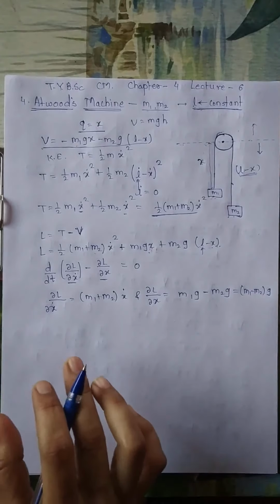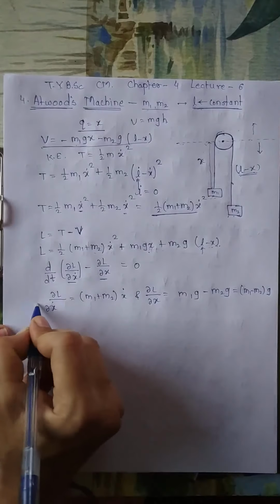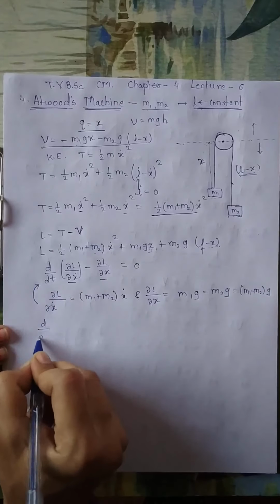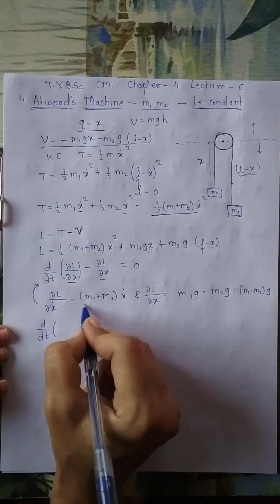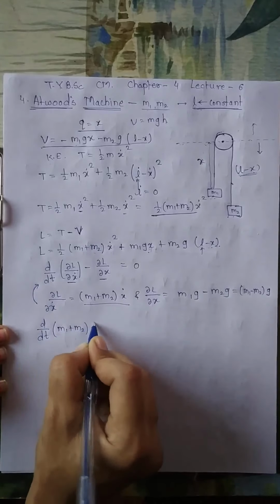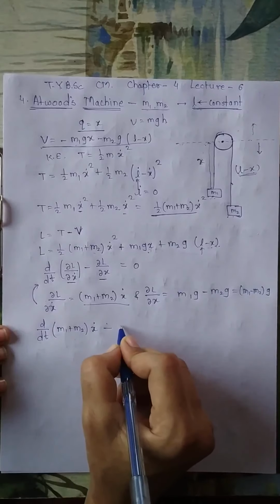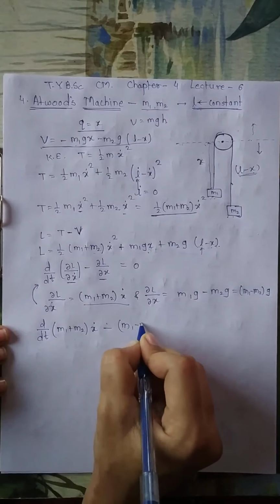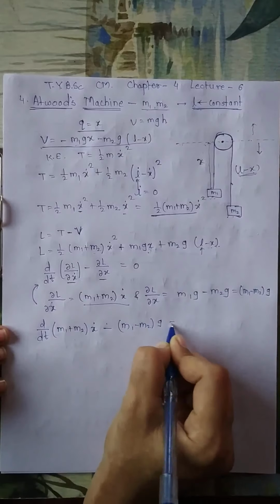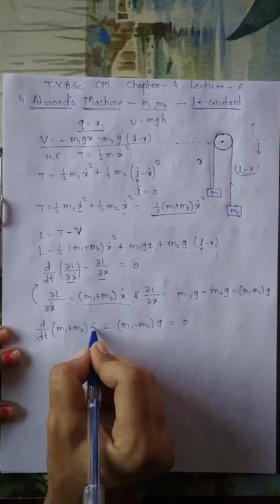So now if we substitute this in Lagrange's equation of motion, we will get d by dt of the term m1 plus m2 into x dot, minus this term, that is m1 minus m2 into g, equal to 0, and this derivative will be x double dot.